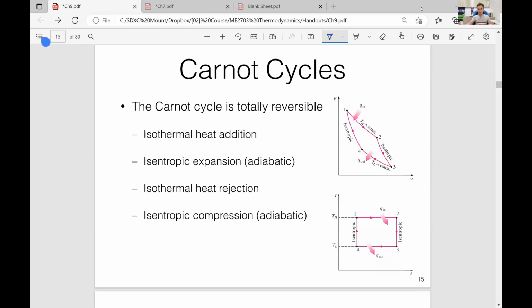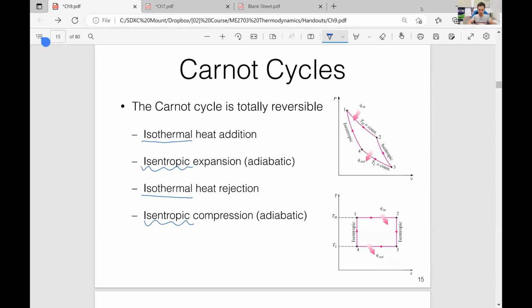All right. So Carnot cycle. We know Carnot cycle is totally reversible. That means the Carnot cycle is internally reversible. It's also externally reversible. And we know there are 4 processes: 2 isothermal processes and 2 isentropic processes.